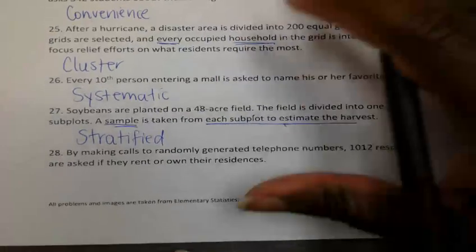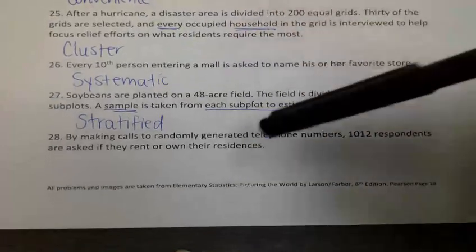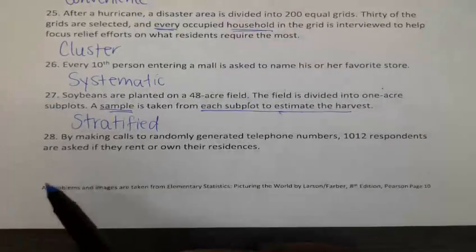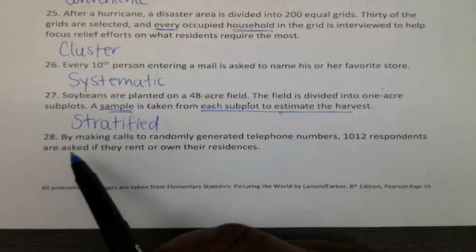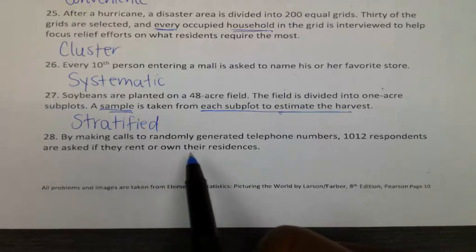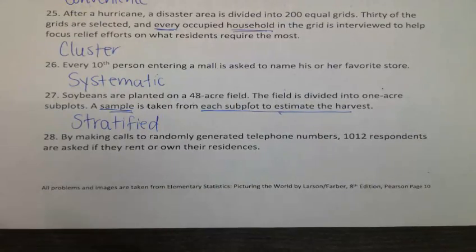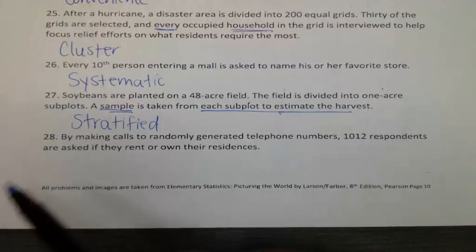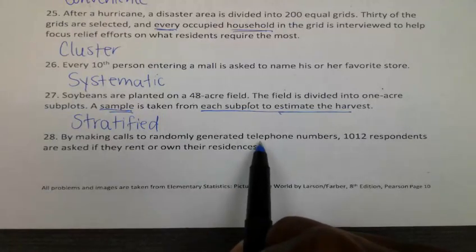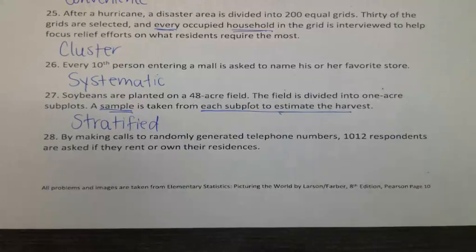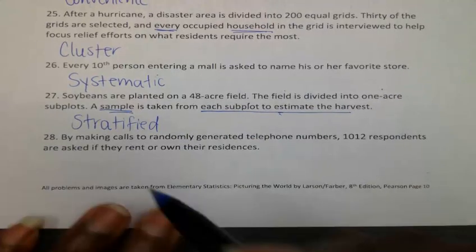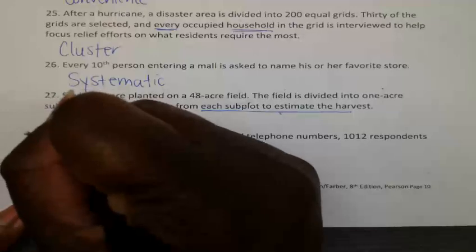In 28, we'll look at 28 and the bias for this. So making calls to randomly generated telephone numbers, 1,012 respondents are asked if they rent or own their residences. I think we only have one left, right? So they made phone calls to 1,012 respondents. So this is simple random.